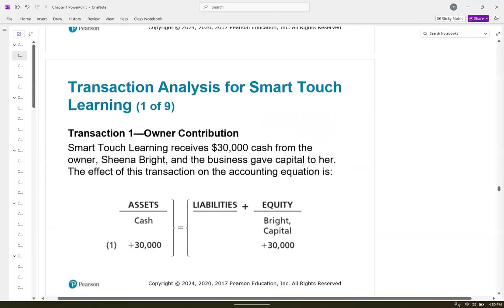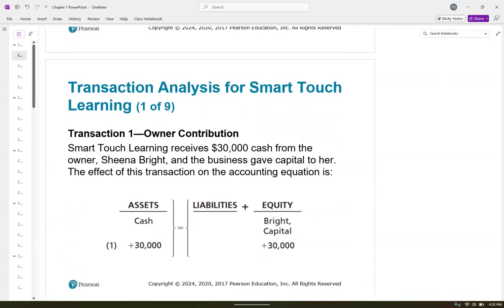And here we go. The first transaction, almost all of these problems you're going to be working for the next few weeks is going to be a brand new business. With a brand new business, transaction 1 is the owner putting money into the business. So Smart Touch Learning receives $30,000 cash from the owner, Sheena Bright, and the business gave capital to her.